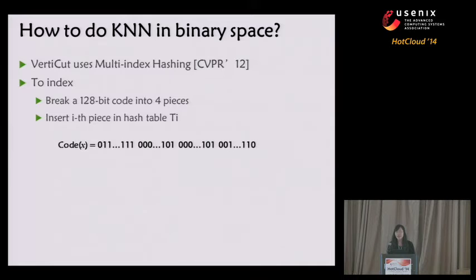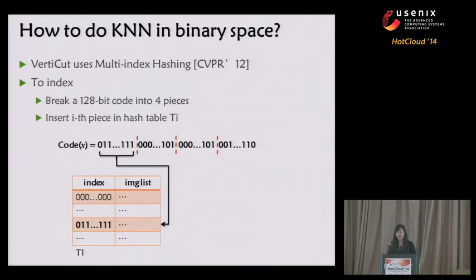VertiCut uses the multi-index hashing algorithm to do the KNN search in binary space. Now I will introduce how it works. To index, this algorithm first breaks a 128-bit binary code into 4 disjoint pieces, and then indexes each part into a separate hash table.